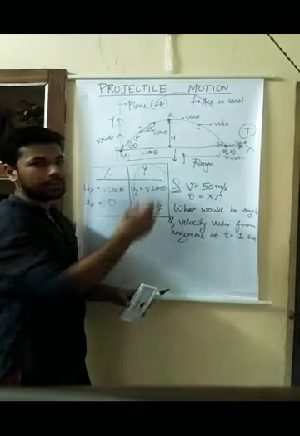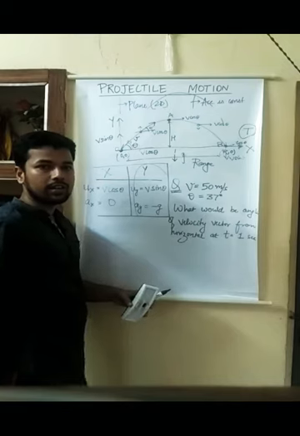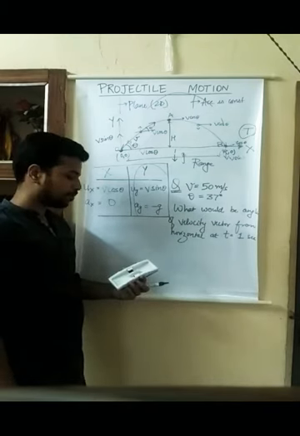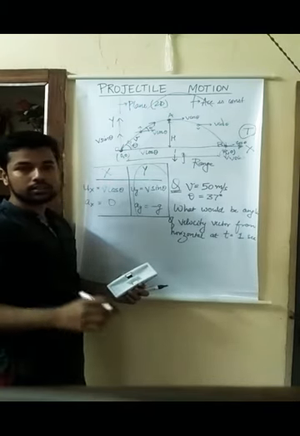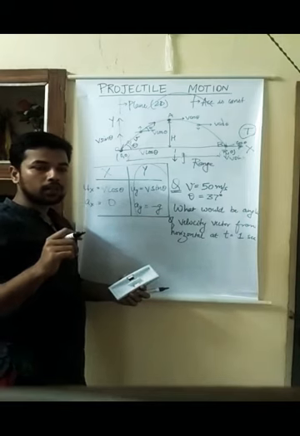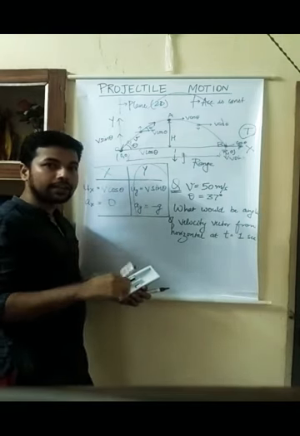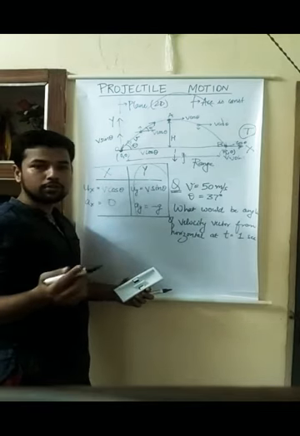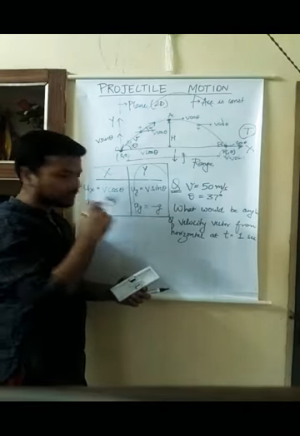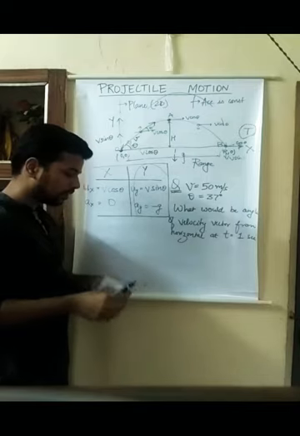My aim is to obtain this theta dash at time equal to 1 second. To do this, we'll have to find out x and y velocity at time equal to 1 second. This is fairly easy, we'll see.